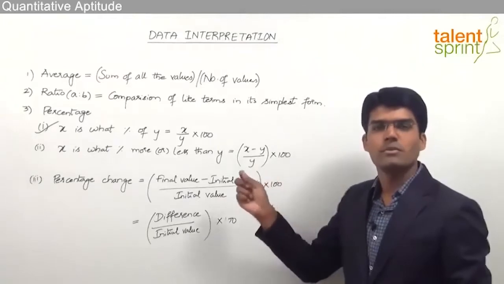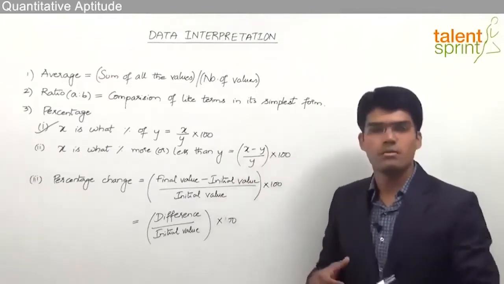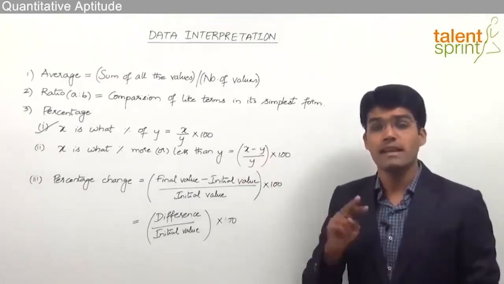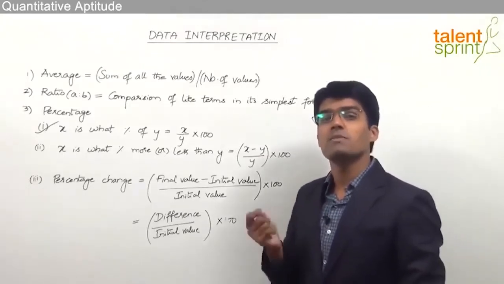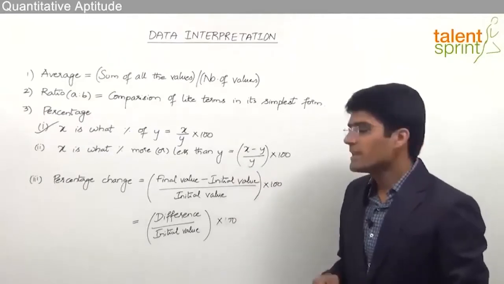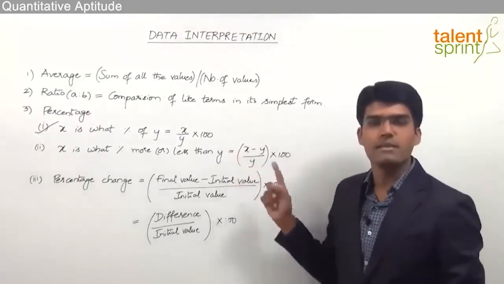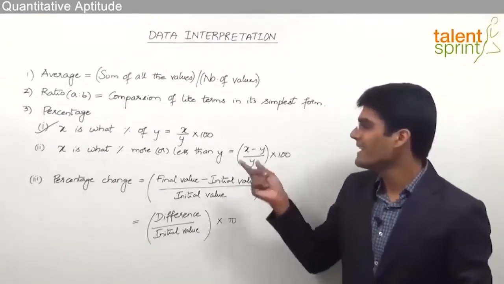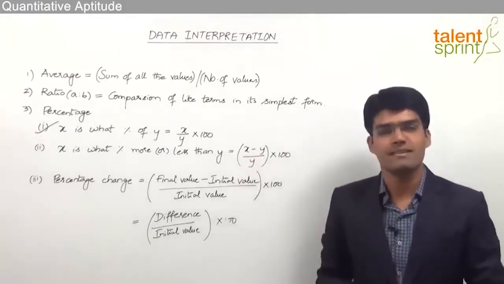So simply pick up the values from the given data, substitute in the formula and get the required answer. And here again, the answer may be percentage more or percentage less depending on the sign of the magnitude. For example, if you get a positive answer, it means it is percentage more. And if you get a negative answer, that shows it is percentage less.